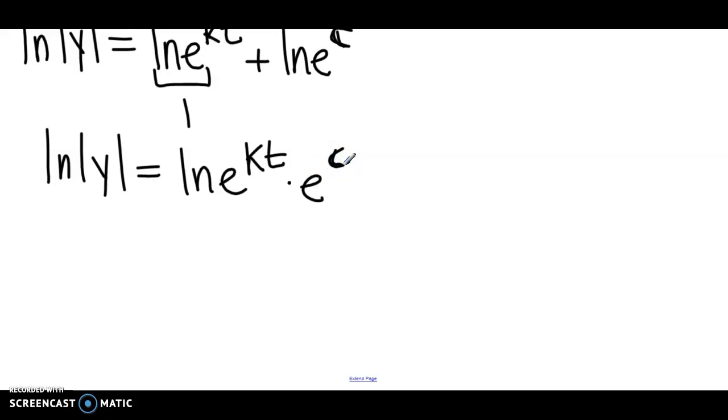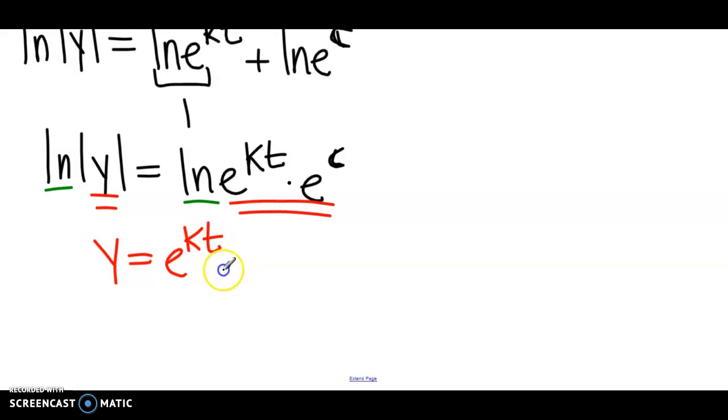And then since both sides of our equation have natural log starting them, we're able to set our inner terms equal to one another. We can also take e to each side, but it's implied that these would be equal to one another. So I'm going to say y is equal to e to the kt times e to the c.